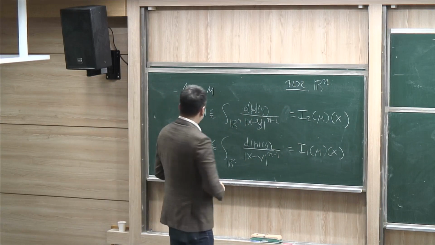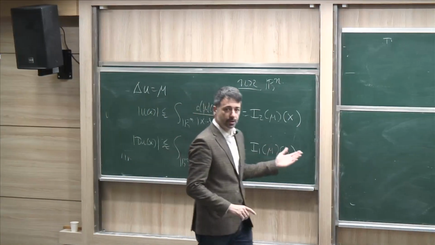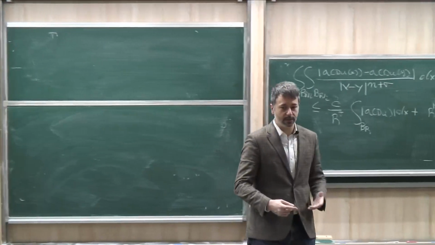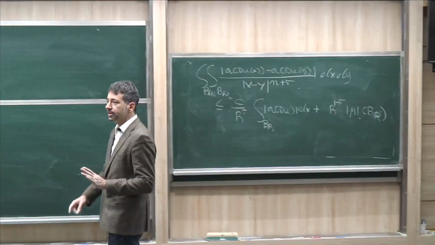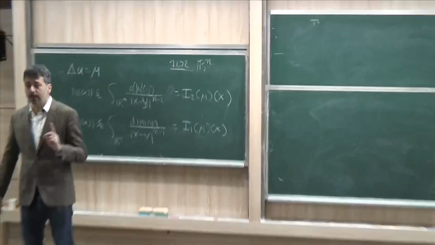These are a straightforward consequence of the fact that you can represent solutions via convolution with the fundamental solution. And of course, these are apparently ruled out in the nonlinear case. That's not the case, in fact.